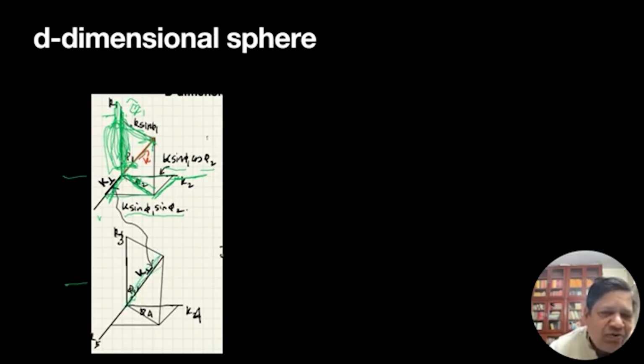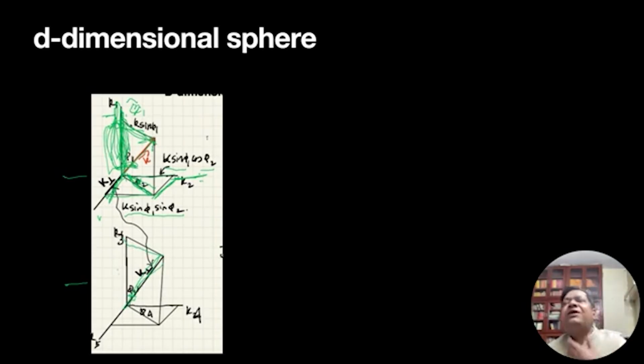Now look at the space which is perpendicular to the k1, k2 plane. In 3D it would have been just k3, but in 5 dimensions it has k3, k4, k5. It's a volume. Now k perp I projected along k3, which will be k perp cos phi 3.